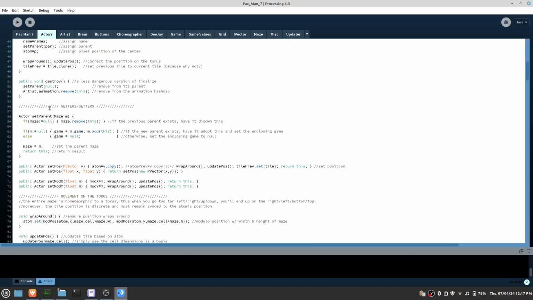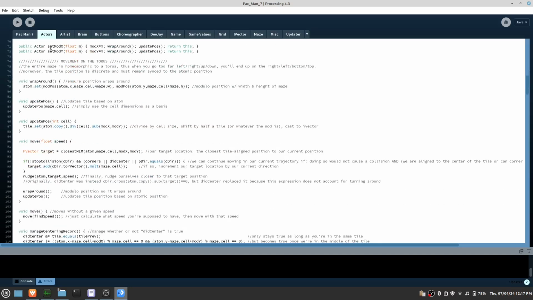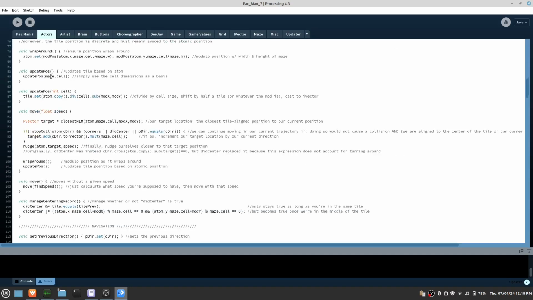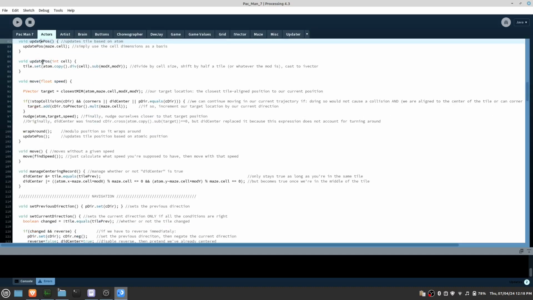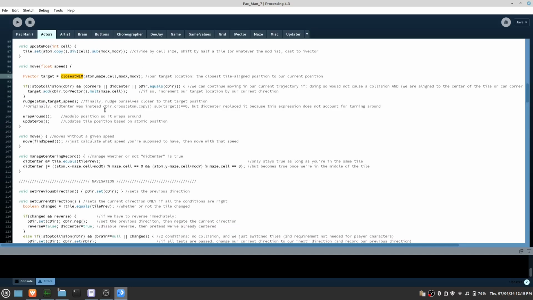We have the wraparound function, which tells it to wrap around like on the torus. The update position, which says to update the tile position based on the atomic position. Movement, where basically the algorithm is first you calculate the tile that you are currently in, and you say, okay, I want you to move towards the center of that tile.